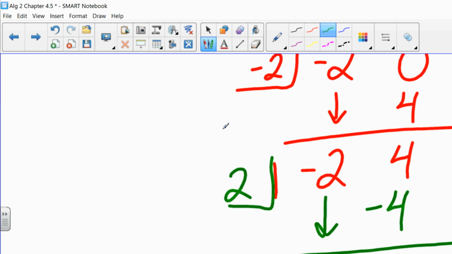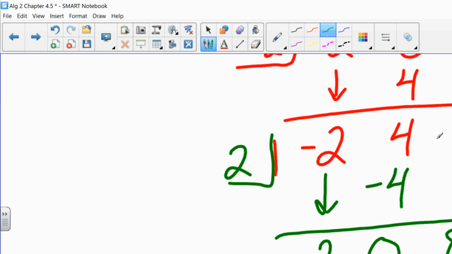Yep, you're good. 2 times negative 2 would be negative 4. 4 plus negative 4 is? 2 times 0 is? 0. 8 plus 0 is? And 2 times 8 is? And negative 16 plus 16 is 0. So we got down to this here.